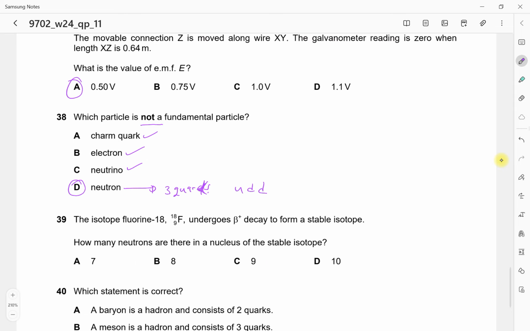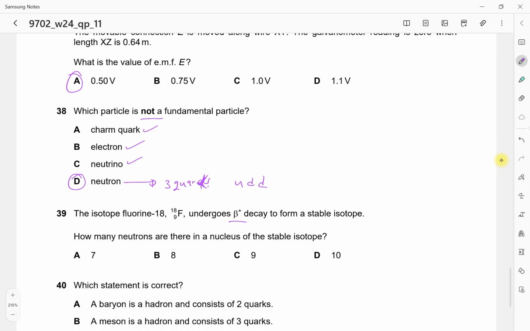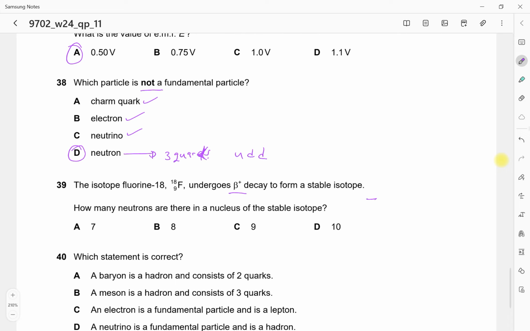The isotope fluorine-18 undergoes beta plus decay to form a stable isotope. So fluorine 18, 9 is undergoing beta plus, which is 0, 1, decay to form a stable isotope, let's say X. So this will be 18 and this will be 8. Of course, whenever we have a beta plus decay, this is normally accompanied by a neutrino.